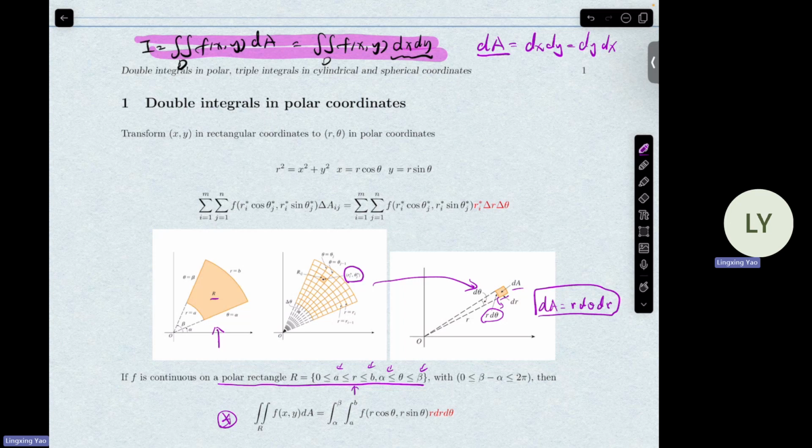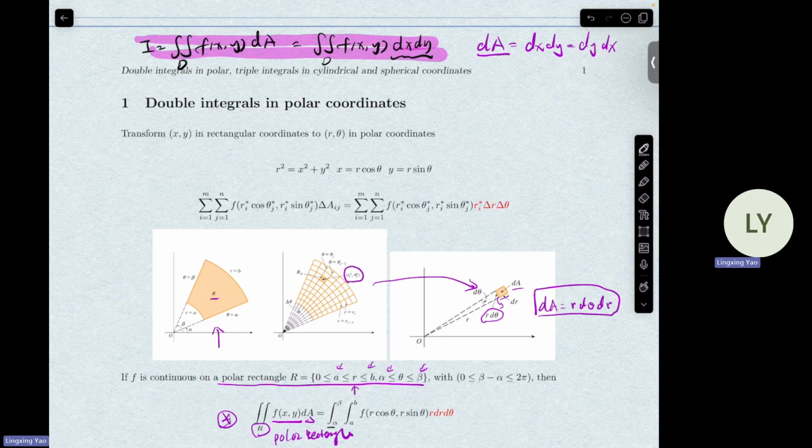So this is the polar rectangle, right? And for this double integral over this polar rectangle, of this function f of x, y, with the differential dA, we're converting this literally one by one from the Cartesian to polar.